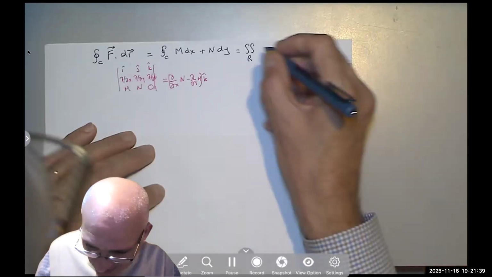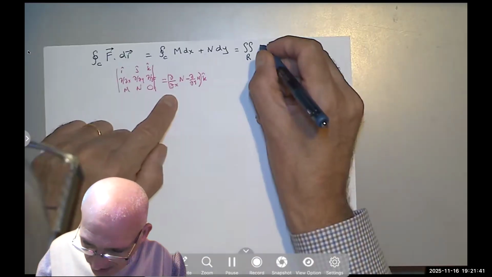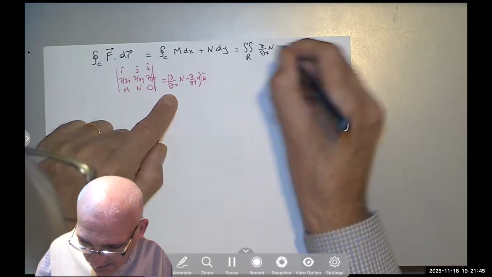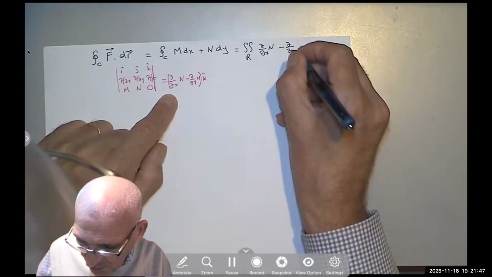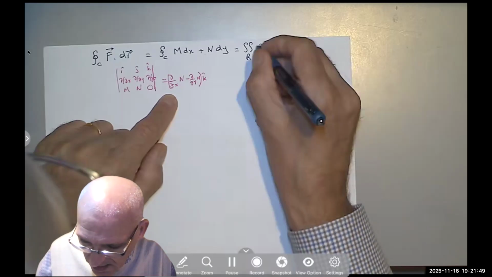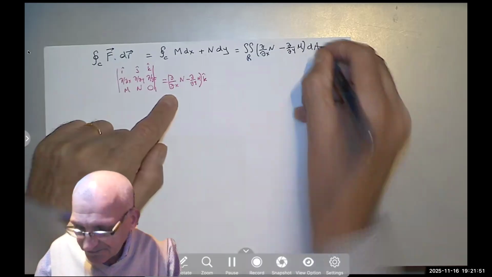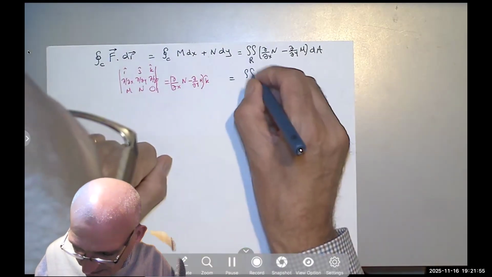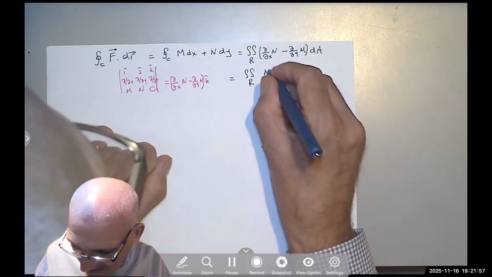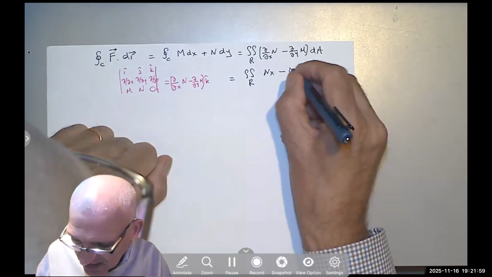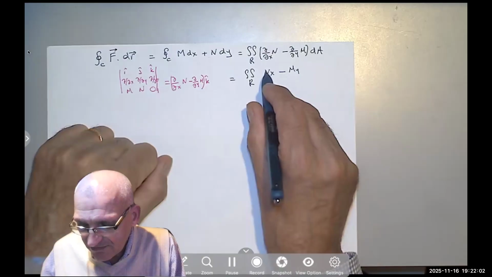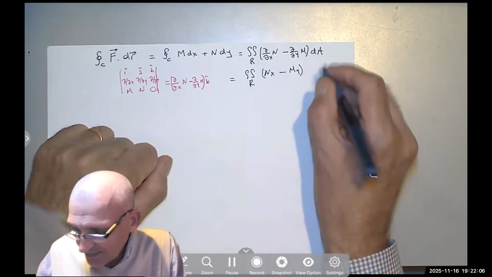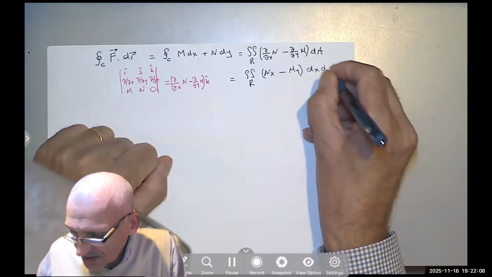Then we can write this as the double integral of partial x of N minus partial y of M dA, which can be written, for simplicity, as the integral of N sub x minus M sub y, meaning the derivative of N with respect to x minus the derivative of M with respect to y, dx dy, or dy dx.